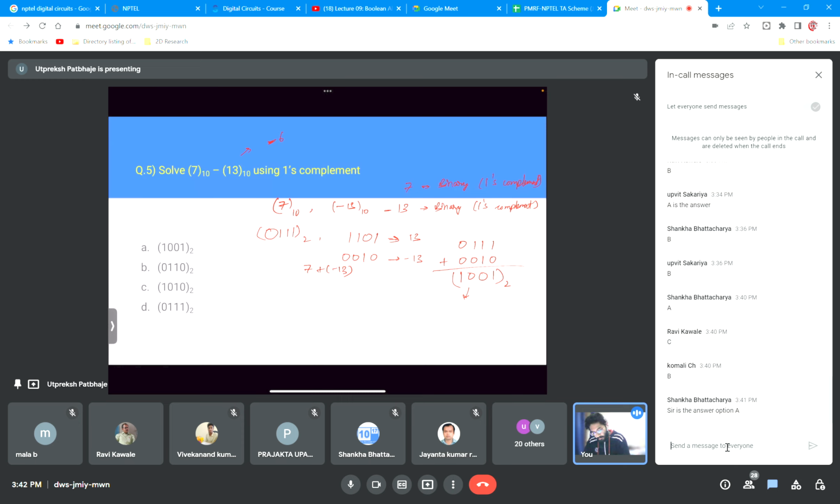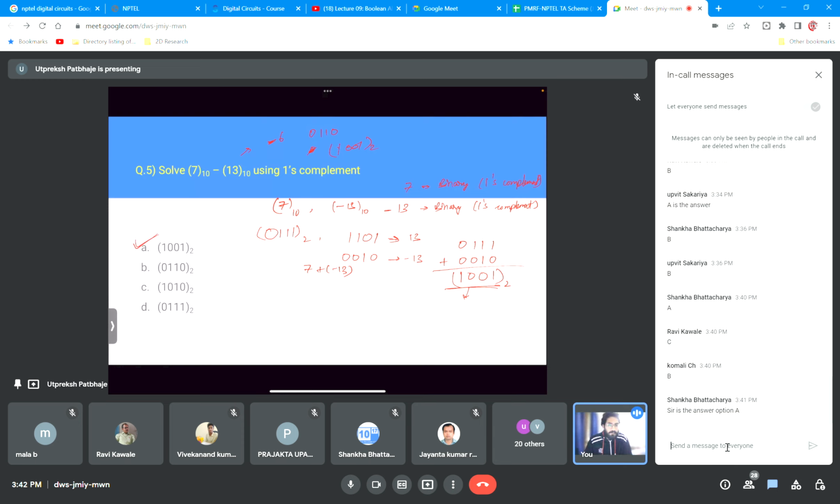We are checking this answer to back check, because these are a small number of bits. This 6 is actually 0110 and negative of 6 will be 1001. So here A will be the answer.